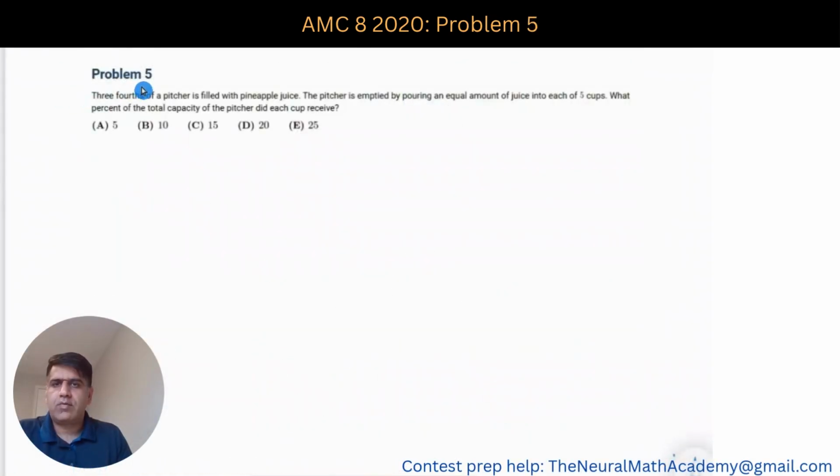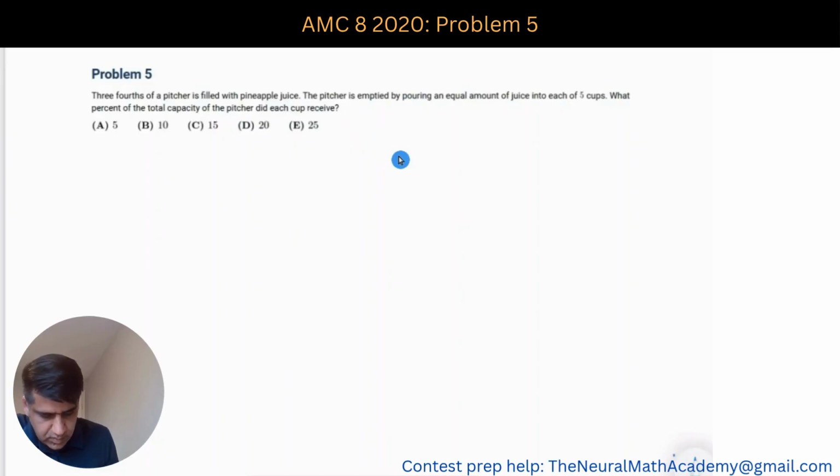Okay, let's look at problem 5, where 3/4 of a pitcher is filled with pineapple juice. The pitcher is emptied by pouring an equal amount of juice into each of 5 cups. What percent of the total capacity of the pitcher did each cup receive?